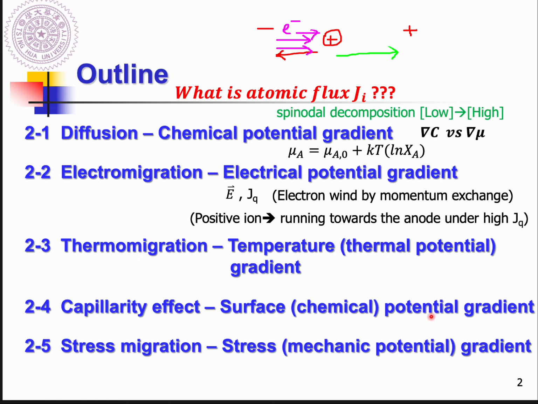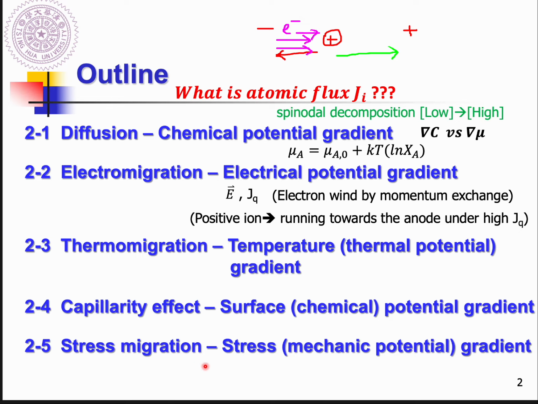Under these conditions, there's definitely a surface potential difference on the surface of these curved materials. So the surface potential gradient or chemical potential gradient will serve as a driving force to drive this atomic movement to reach surface planarization. And the last part we are going to talk about is stress migration.